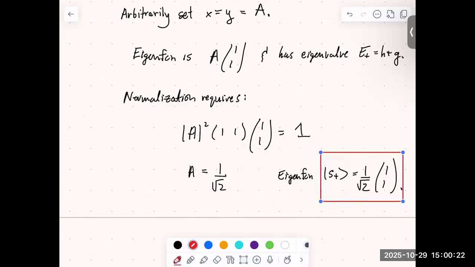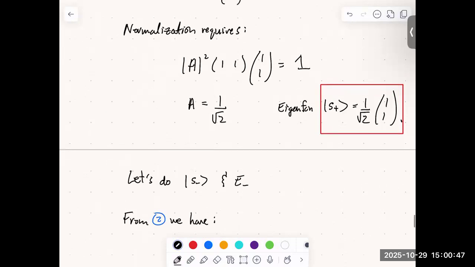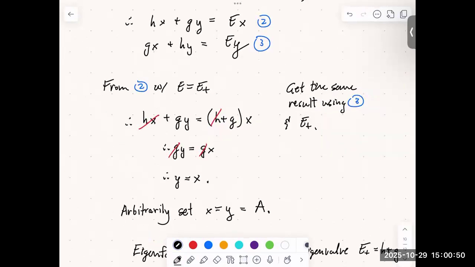Okay, so let's do S minus and E minus. Okay, so from equation 2, let's remind ourselves, what was equation 2? hx plus gy is Ex, but we're going to put in E minus there.